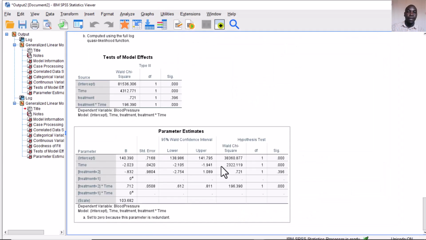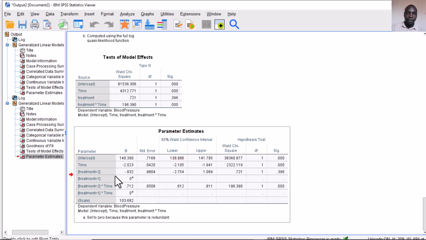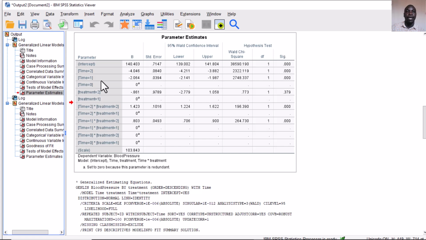So here you can see that our table is now shorter than our previous table. We now have time as one single variable. Then we have treatment is the one having a reference group. Then we have interaction between the two groups of treatment, but we do not have the ones as we had previously if we considered time categorical.